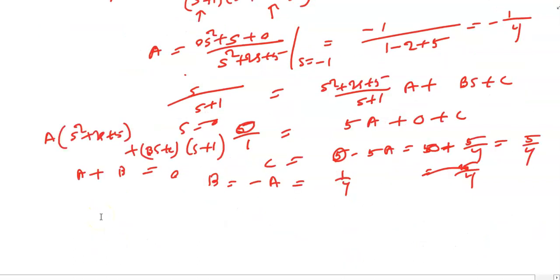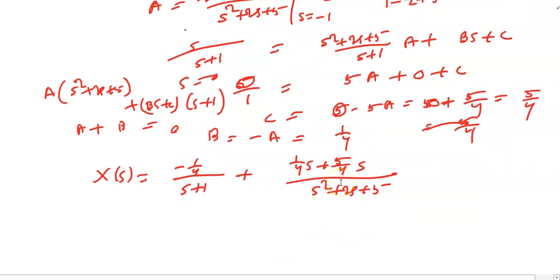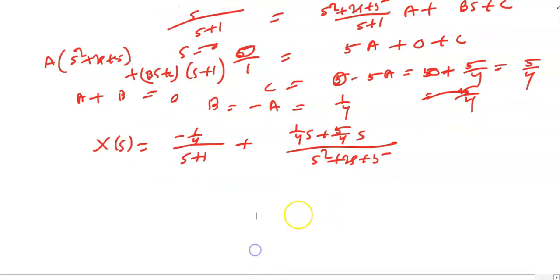So finally we have X of s is equal to minus 1 upon 4 upon s plus 1 plus (1 upon 4 s plus 5 upon 4) upon (s square plus 2s plus 5). Still the second term is not in the standard form for the lookup table.